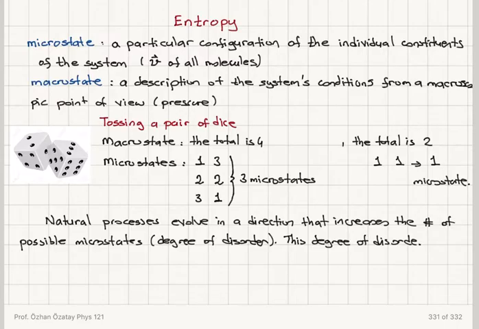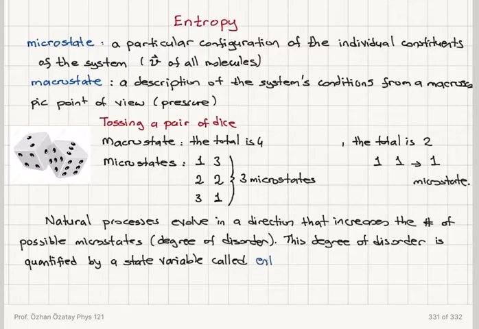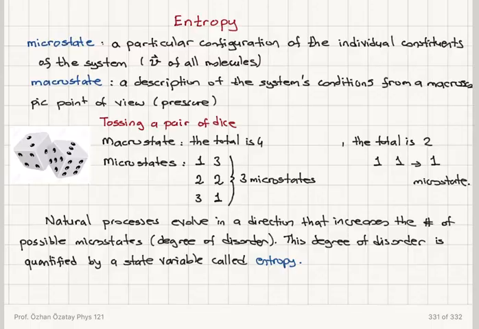So this degree of disorder, which is related to the number of microstates corresponding to the macrostate we're looking at, is quantified by a state variable called entropy. Now, there is a very important word here, that's state or state variable.